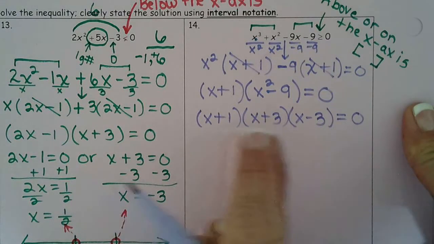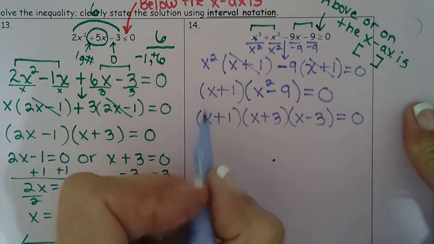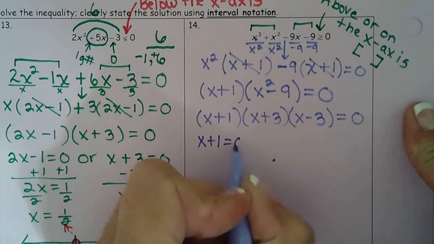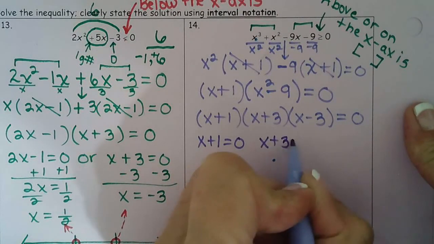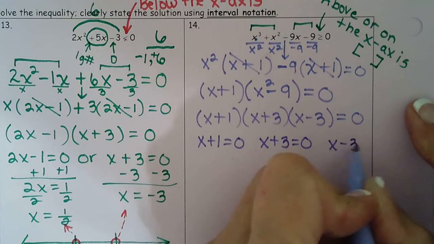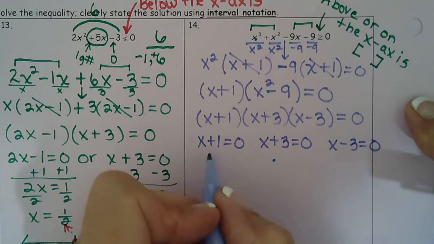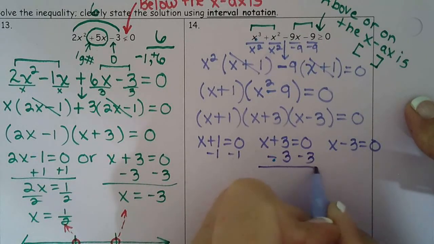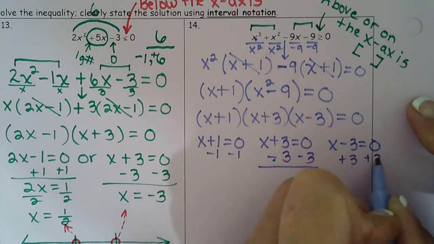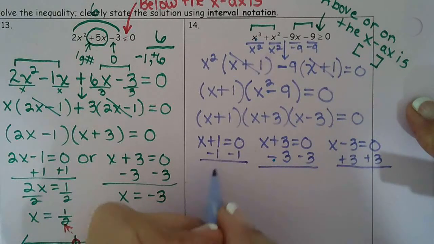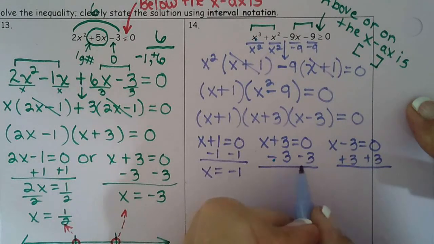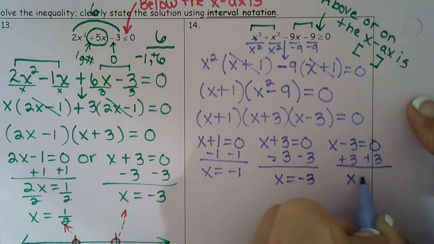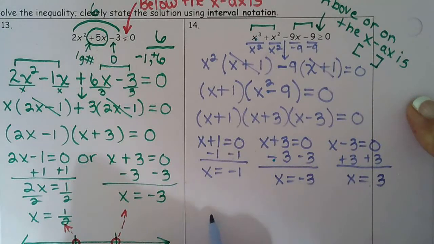And if a times b times c equals 0, then either a is 0, or b is 0, or c is 0. So solve all of these by doing the opposite. And it looks like we're going to get negative 1, negative 3, and positive 3. And so now we have 3 boundary points.